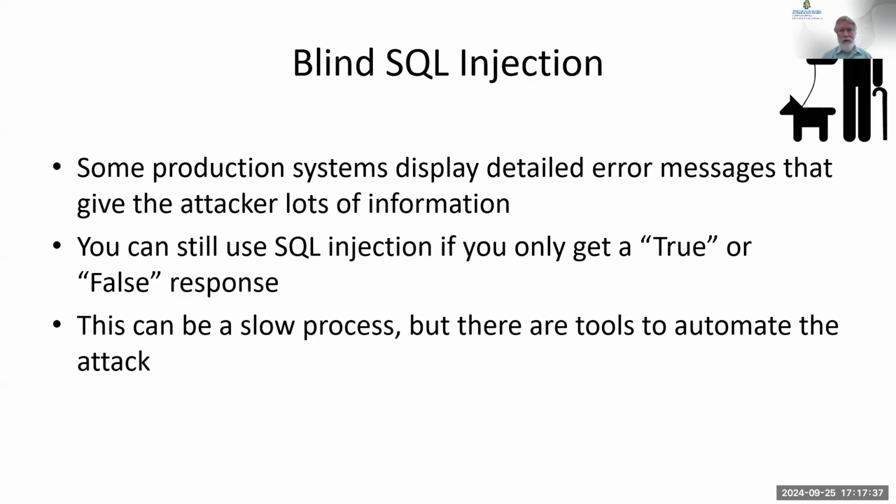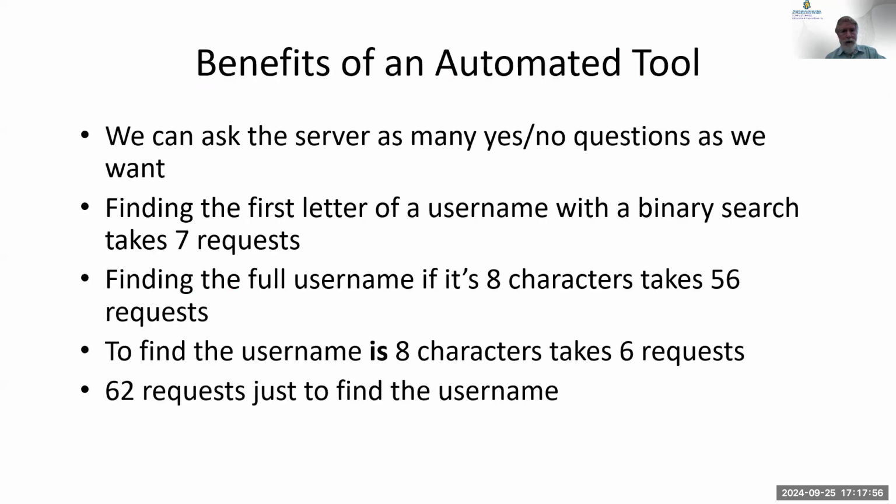Blind SQL injection. Again, sometimes you don't get these error messages. You can still attack. It's a slower means of attacking, where you can only get like a true or false response. But not to worry, there are tools out there that automate this. You can find out things. You can start guessing user IDs and passwords, character by character.